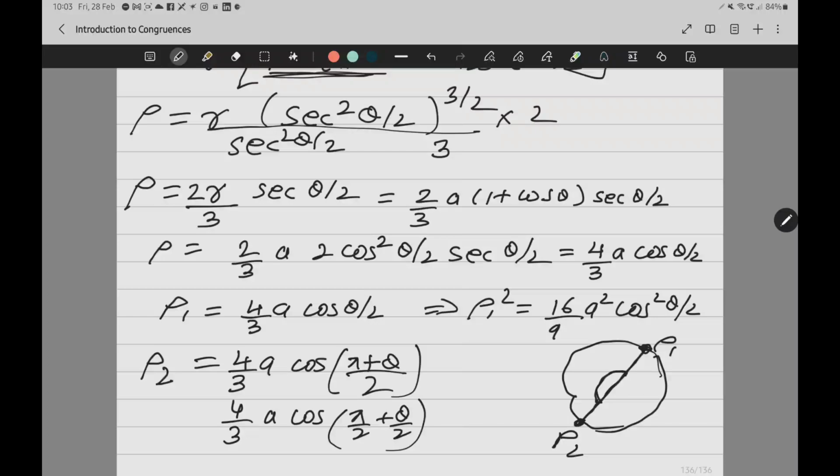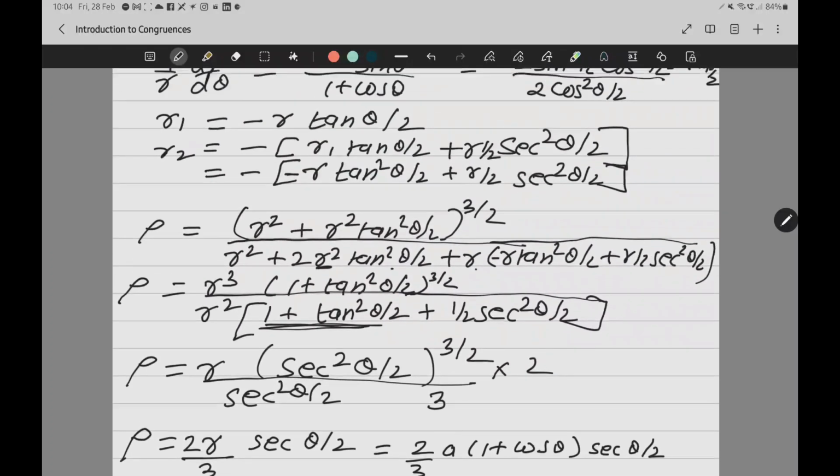And what is pi by 2 plus theta by 2? I am using pi by 2, so it will go to the next quadrant. So 4a by 3 sine theta by 2. Okay. Even if it is negative, I don't care because I have to square it at the end. Right? So basically, rho 2 square is equal to 16 by 9 a square sine square theta by 2.